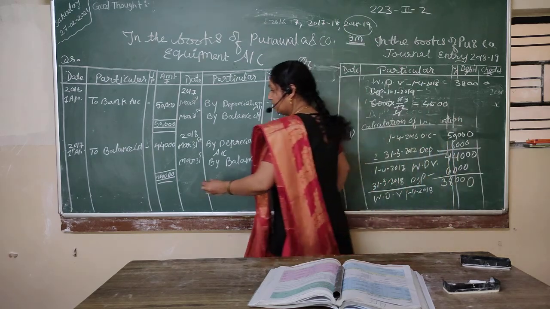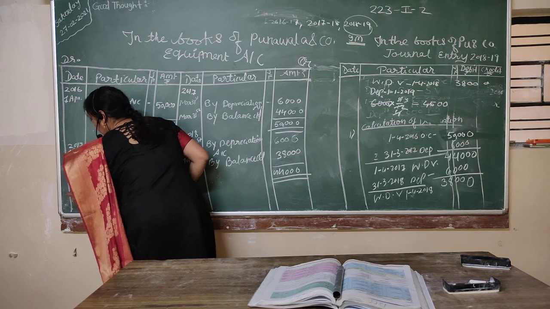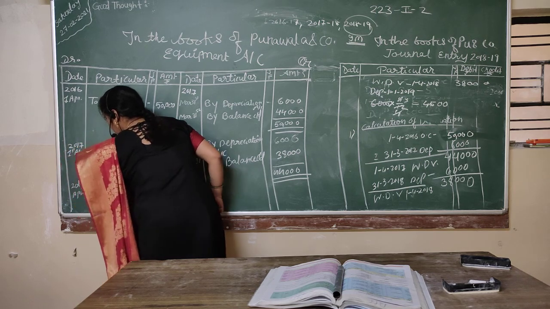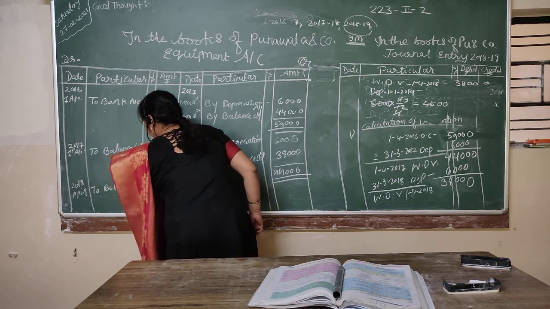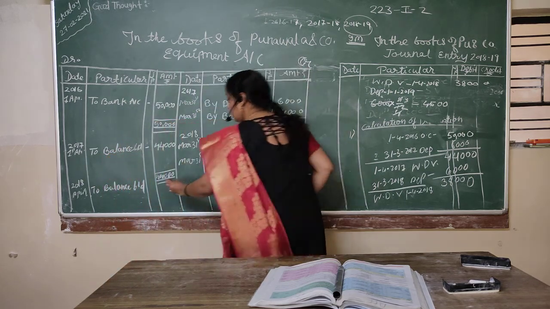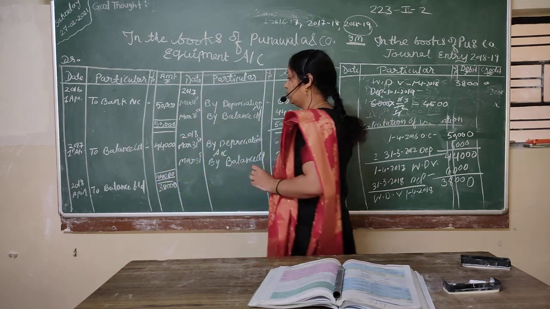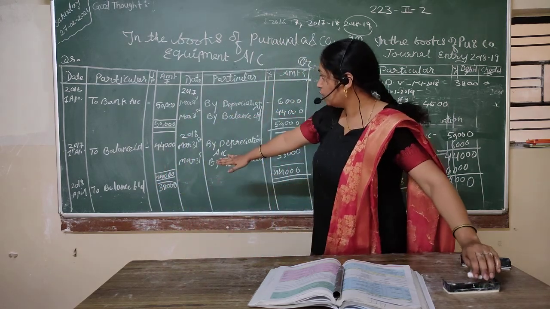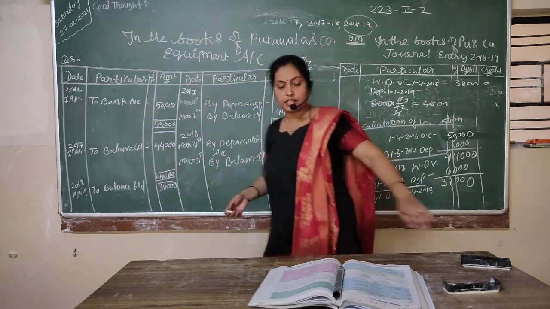So for the third year, first I will record the 2018 April 1, to balance brought down, 38,000. Here no space is there, so I will record the further third year's transactions on the upper side.